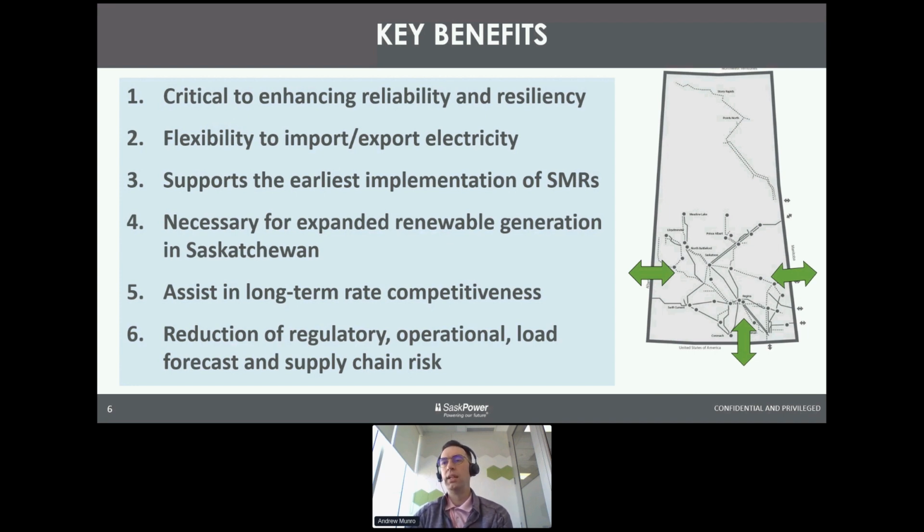And also, I want to mention that it's not just about building the infrastructure or the tie lines or the actual power lines. That's one piece of it. But at SaskPower, we're also looking at how we use them on an operational basis. So an example of one thing that we're doing differently is on the scheduling and moving of electricity.